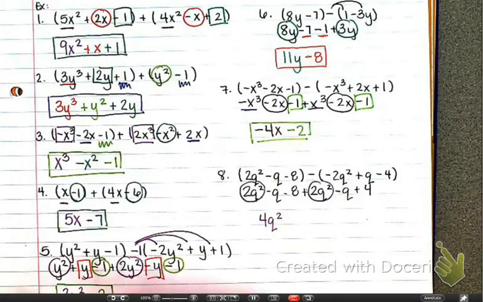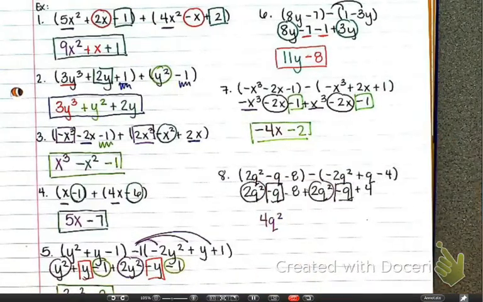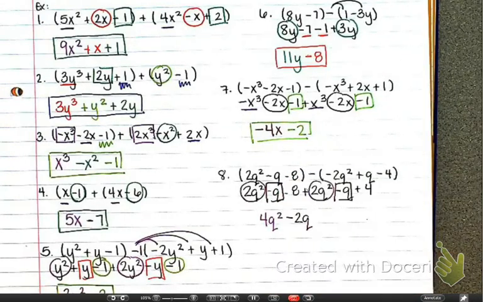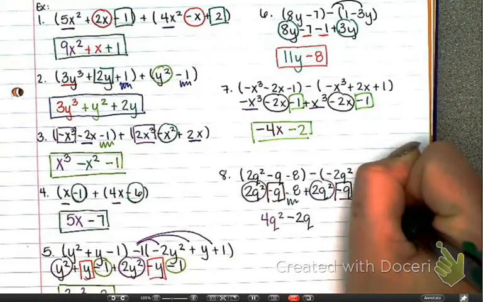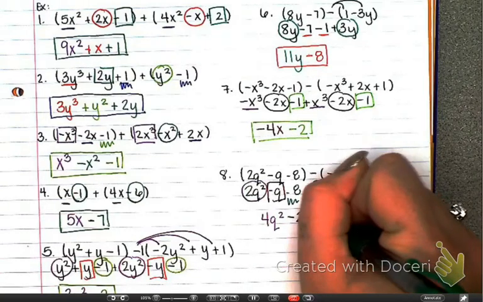Then I have a negative q minus q. So negative 1 minus 1 is negative 2q. And lastly, I have a negative 8 and a positive 4. So negative 8 plus 4, negative 4.